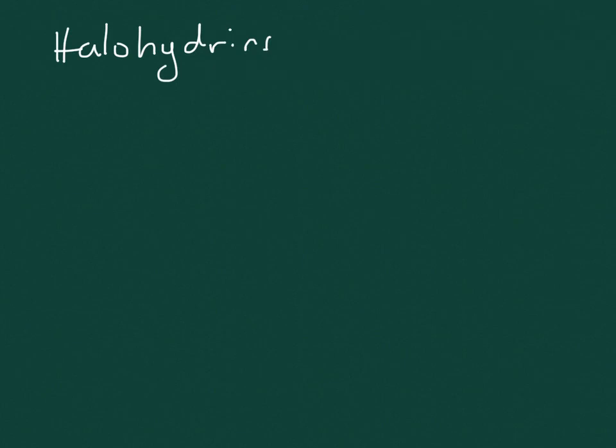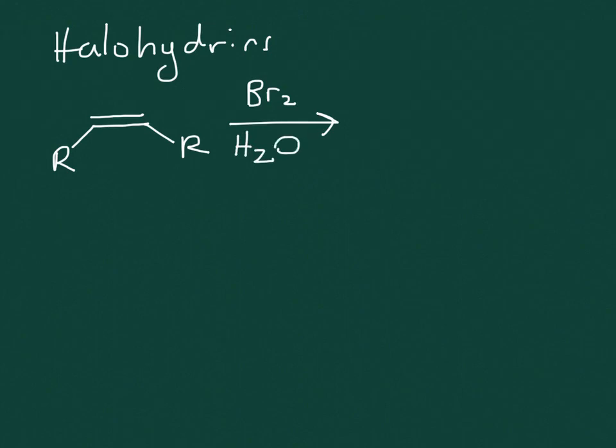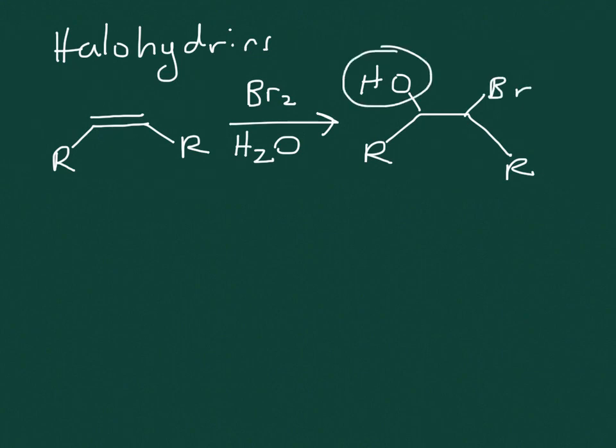If you recall, if we treated an alkene with Br2 in the presence of water, we would get what's called a halohydrin, where we had a hydroxyl group and a halogen on adjacent carbons.